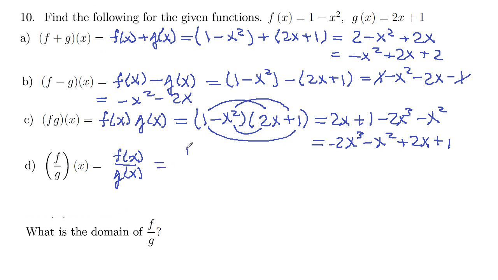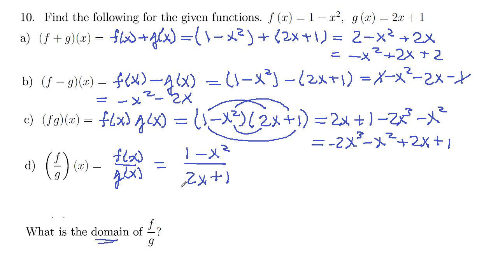So f of x is our 1 minus x squared up top, and we're dividing by 2x plus 1 in the denominator. And not any simplifying that we can do here. The top could factor as a difference of two squares, but it's not going to cancel the 2x plus 1 in the denominator.